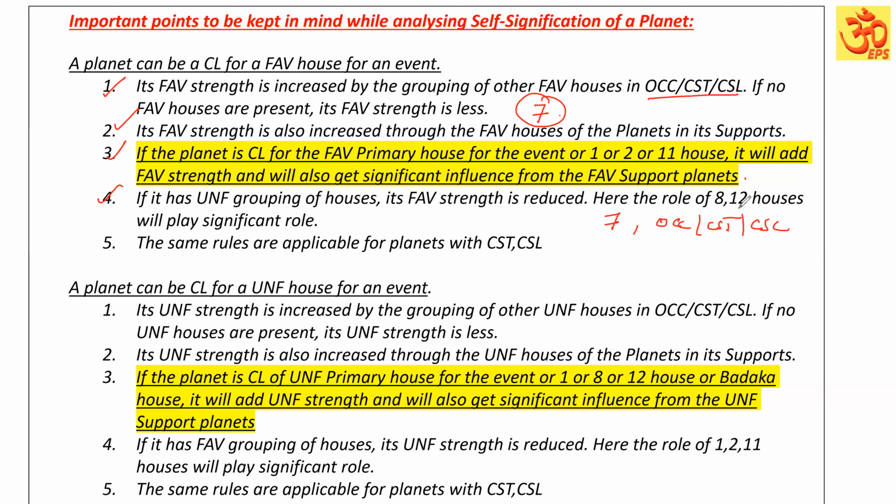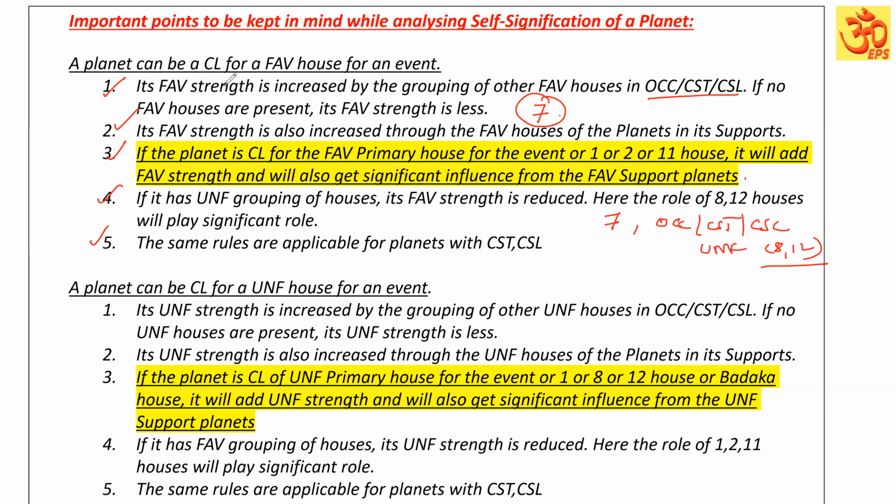Here the 8 and 12 houses will play a significant role. It means out of the unfavorable houses, 8 and 12 also, their unfavorable strength is going to be increased. That is the basic rule that is also given here as an important point to be kept in mind.